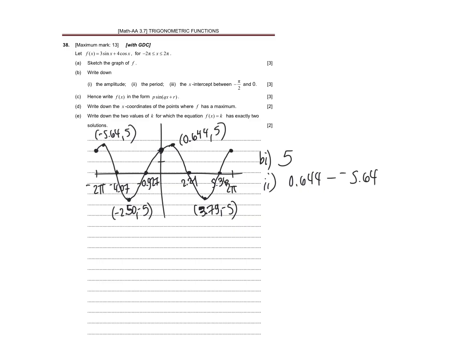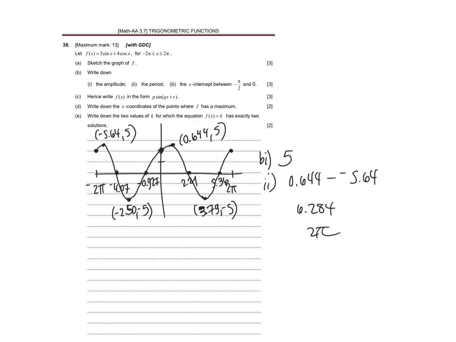That's one period. So 6.284. That's probably 2 pi, isn't it? Yeah. Okay.